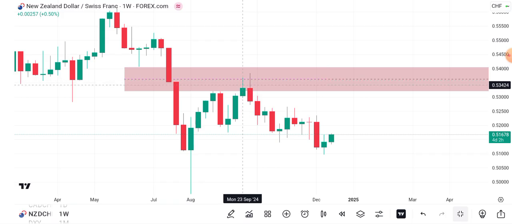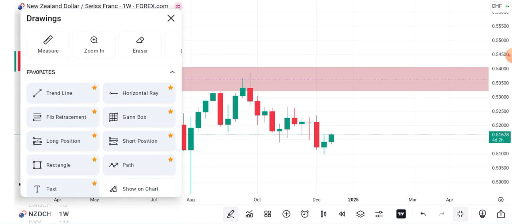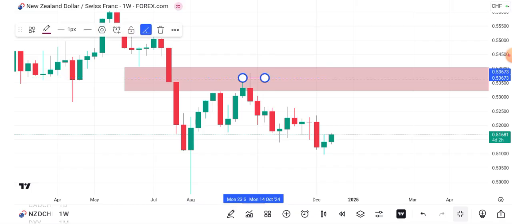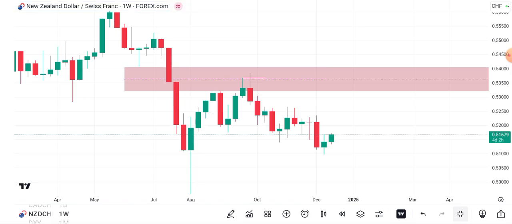This is a weekly time frame, and on this weekly time frame, let me quickly draw attention to what ICT calls a stop hunt. This is what it calls a stop hunt, and it is more interesting that it is happening inside a larger fair value gap. These are things I would like to see.